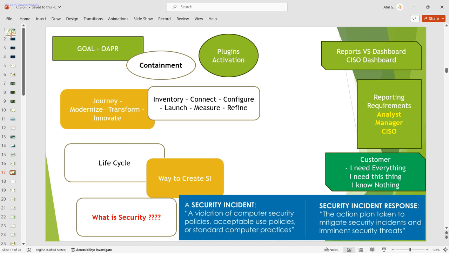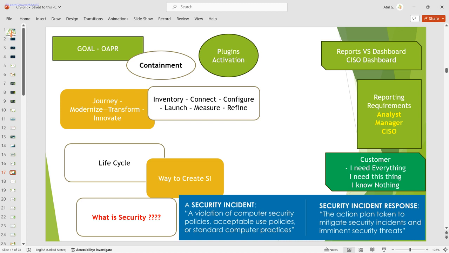There are two things here: reports and dashboards. A report tells me where we are at a point in time, the current data, and a dashboard helps me find out where I need to go, where I want to reach.